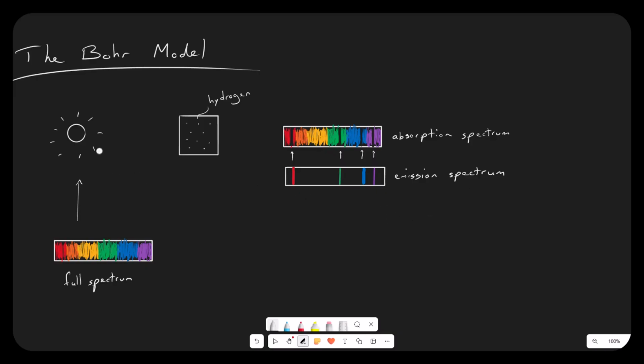So what's going on is this sunlight is coming in, it's hitting this hydrogen, and some of these rays are being absorbed by the hydrogen, and some just pass through.